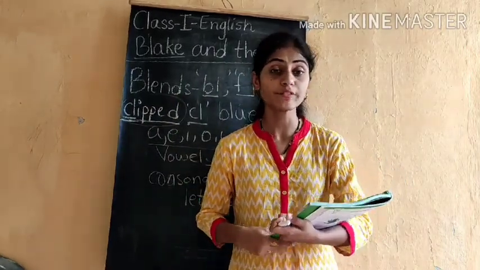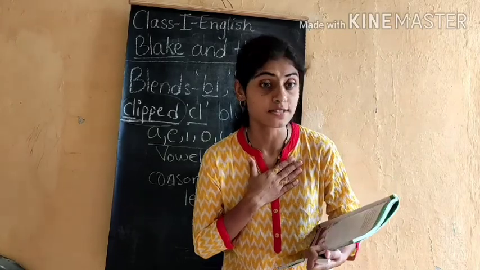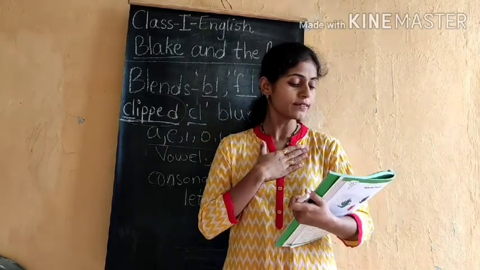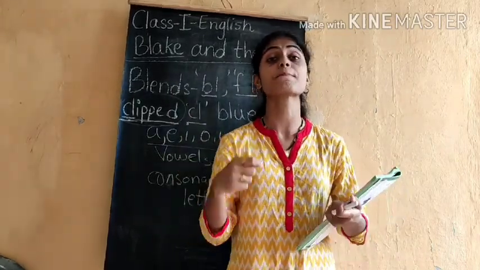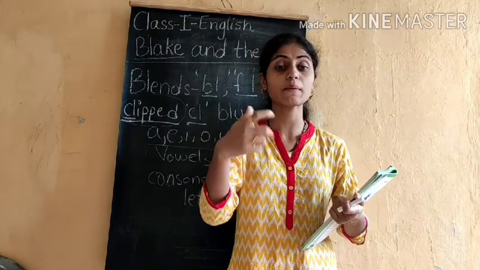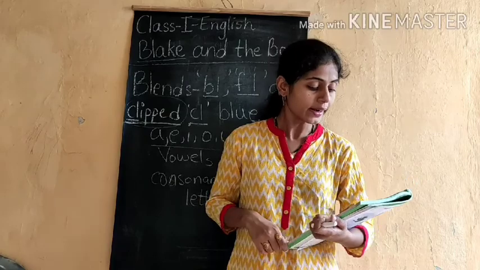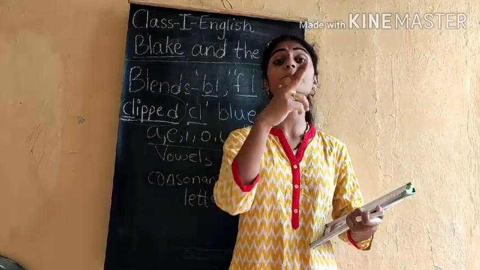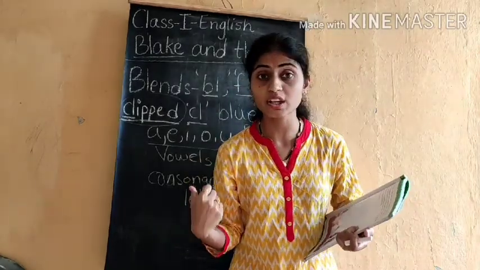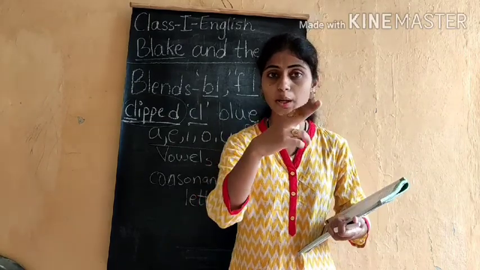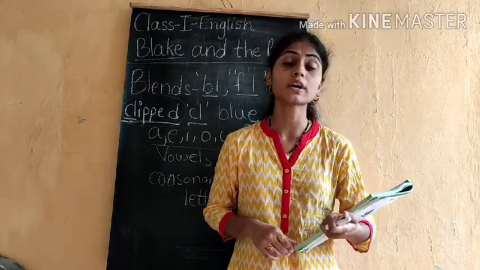So what did Clive tell? That I am a wizard and I will mend. Mend means repair. Okay, repairing, मतलब फिर से जोड़ना, बनाना. Okay, mending. And I will mend your clipped wings. That means his wings were clipped. Okay, it was clipped. And what did Clive tell Blake?